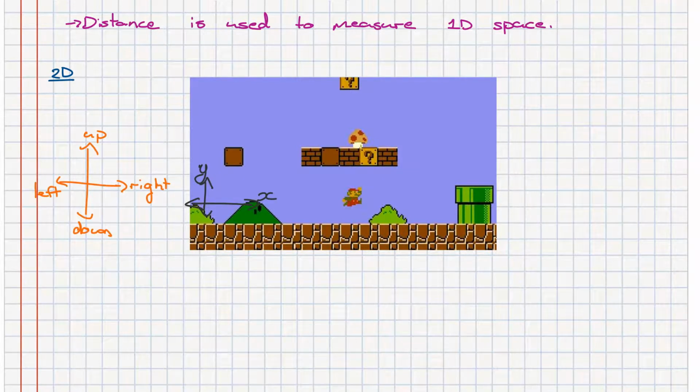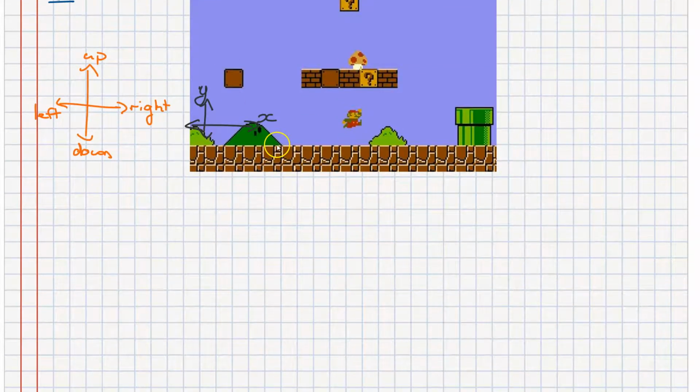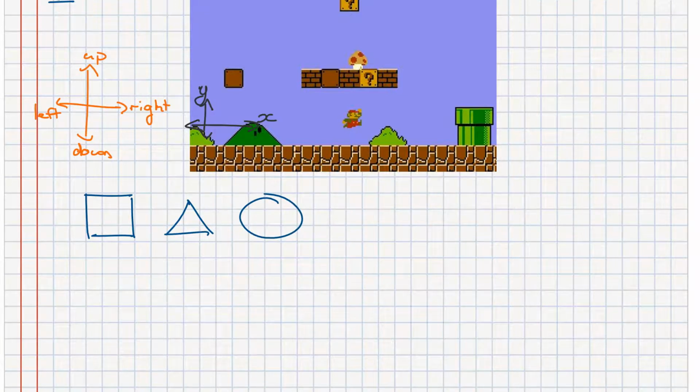Now, having a look at this Super Mario scene here, we see there are a number of different shapes in the scene itself. So of course there's points, there's lines, and there's line segments. But more interestingly, with a two-dimensional working space, we can draw shapes such as squares, triangles, and circles.